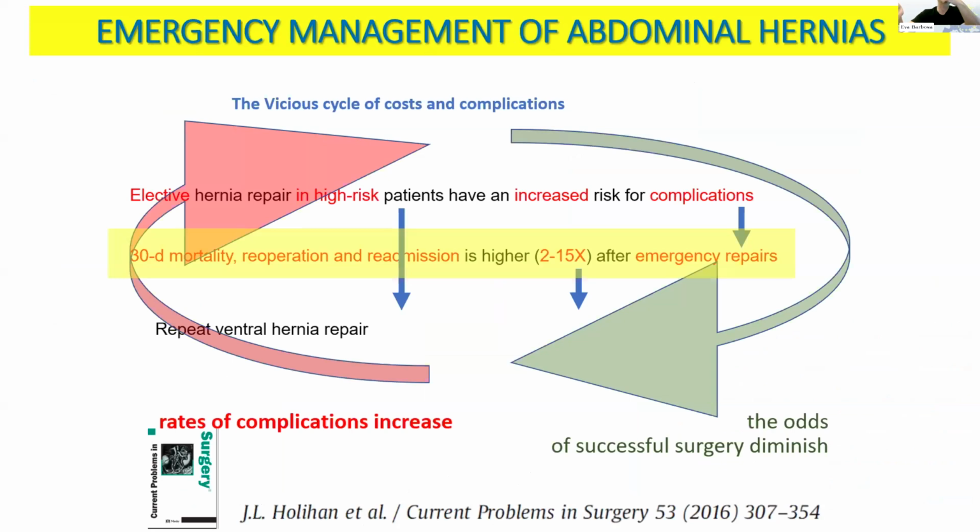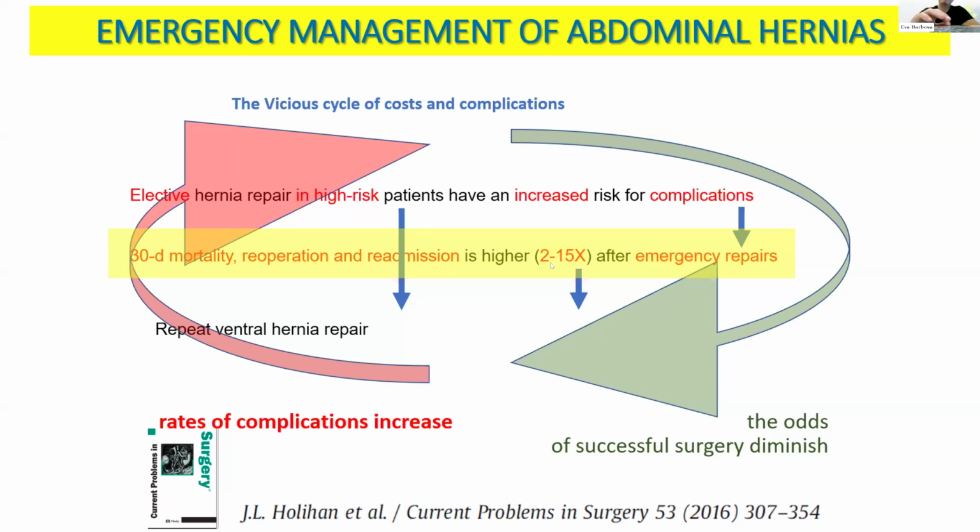With regards to this acute management, as I said, it is important to manage these hernias as soon as possible. Of course, we try to reduce them, and if we're lucky to reduce them, we try to contemporize, because we know that these patients, it's usually a one shot at them.